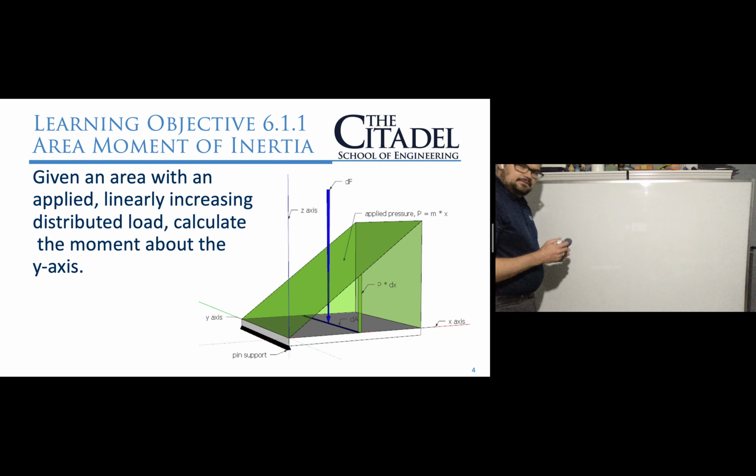bit convoluted, but actually relates very well to many problems that we see in fluid dynamics, hydrostatic pressure, and in mechanics of materials. So what we have here is a linearly increasing pressure.